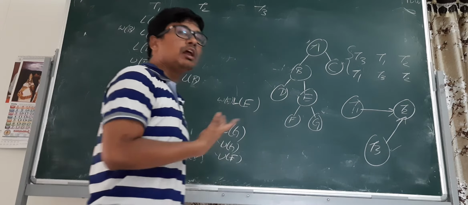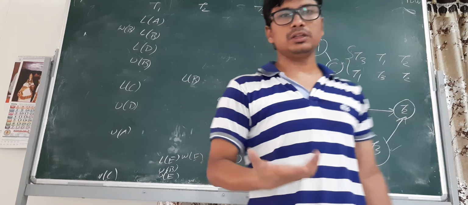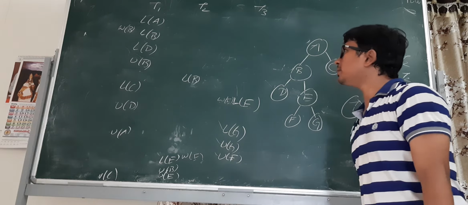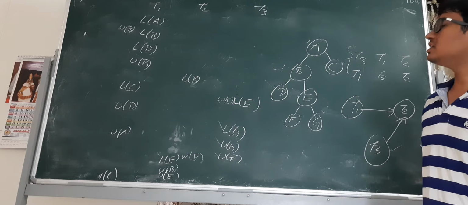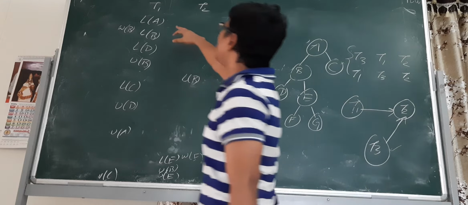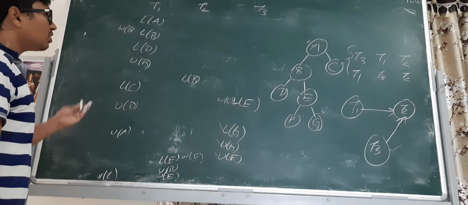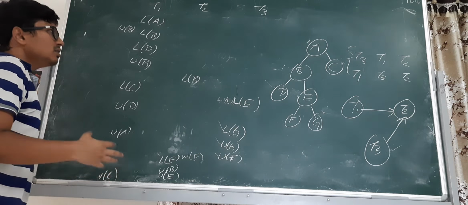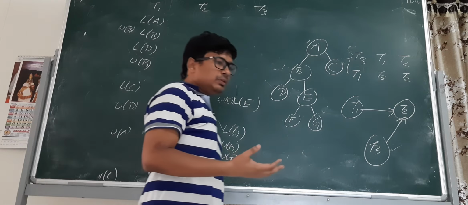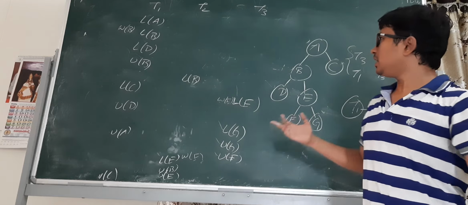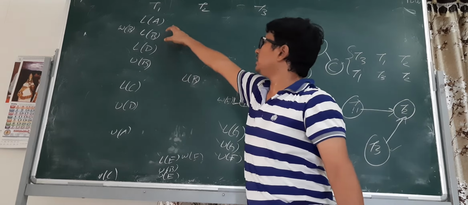Then what are the drawbacks? For every protocol there will be drawbacks also. The drawback is that we have unnecessarily taken an exclusive lock on A. Why did we take an exclusive lock on A?